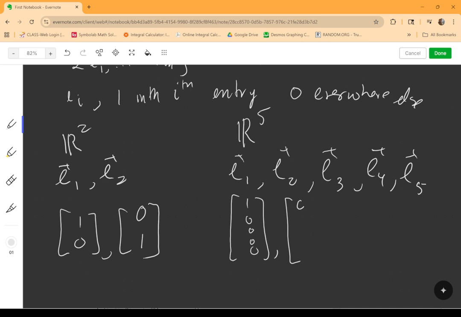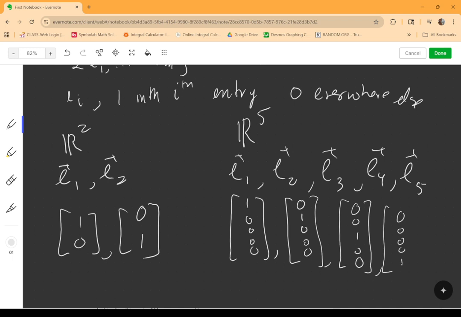And then E2, we got 0, 1, and E3, 0, 0, 1, E4, and then lastly, E5. Okay, so those are the standard unit vectors.